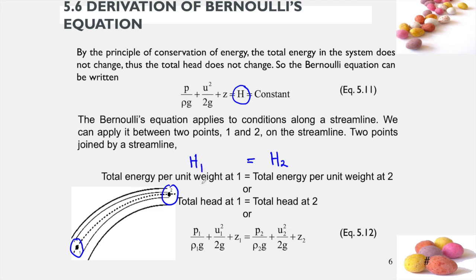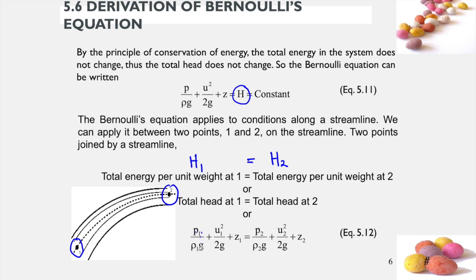So we just substitute this equation into this. But you must remember that for the pressure there will be a subscript, so you have to put P1. Subscript 1 represents section 1.